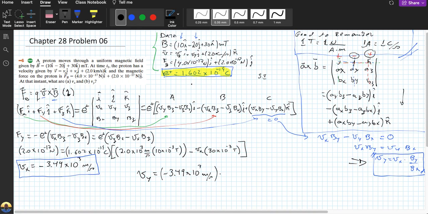By over Bx. Well, By is 20, so it's going to be minus 20 milliteslas divided by 10 milliteslas, because Bx is 10 milliteslas. Well, we can cancel out milliteslas. This negative here will cancel this negative here. And our final answer for Vy will be 7.0 times 10^3 meters per second.